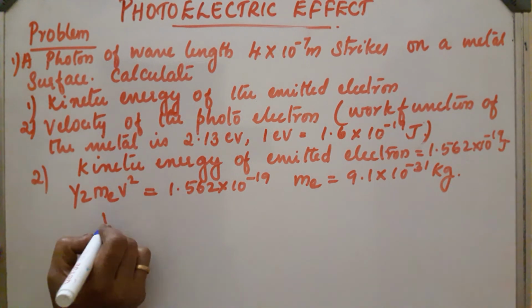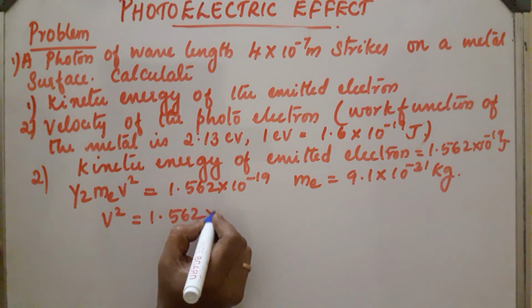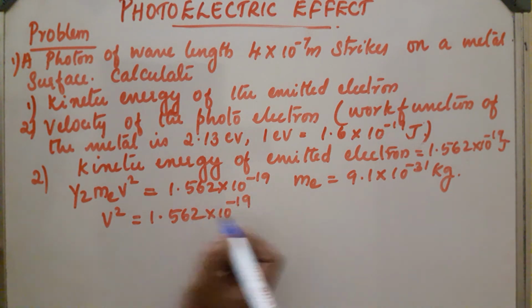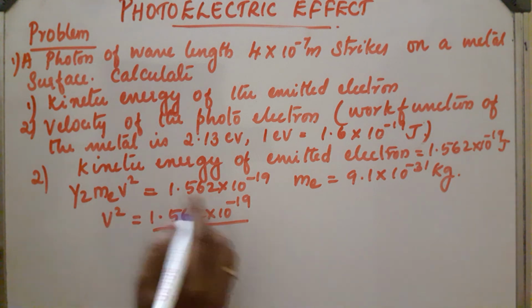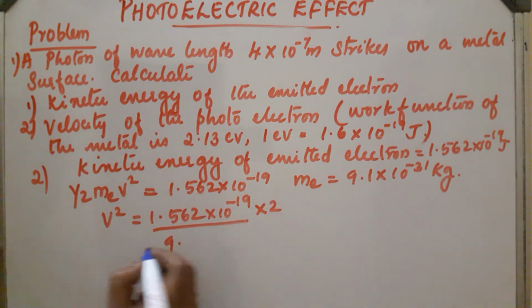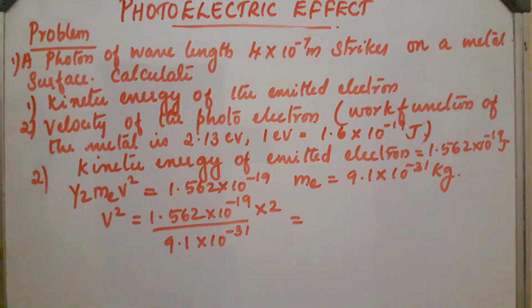So v square is equal to 1.562 into 10 raised to minus 19, with m_e coming down and the 2 going up, divided by 9.1 into 10 raised to minus 31.